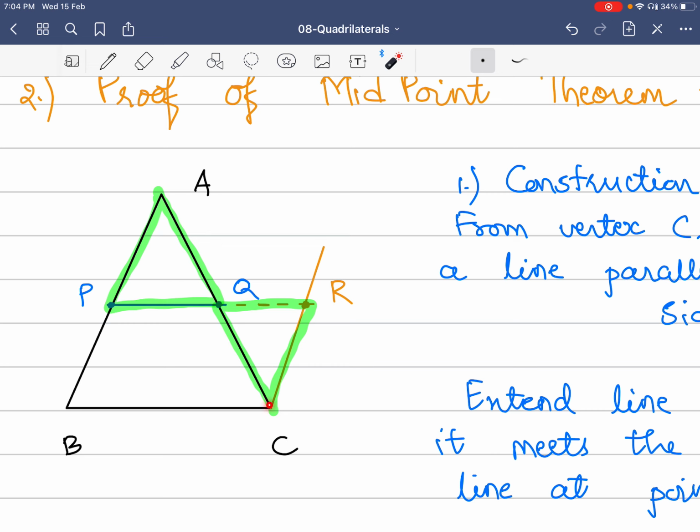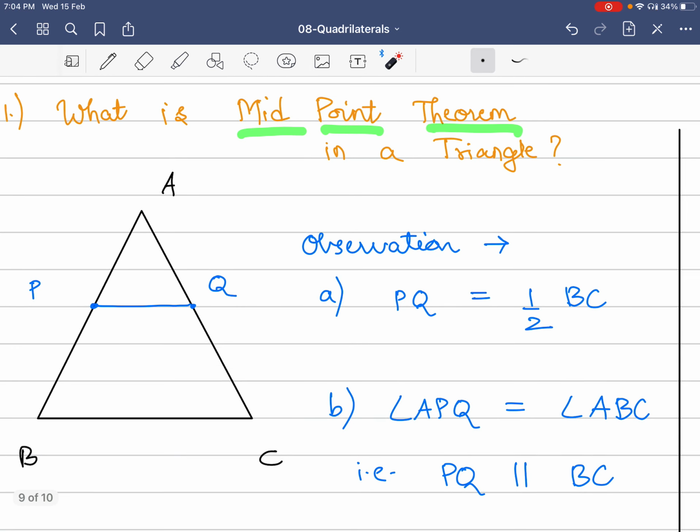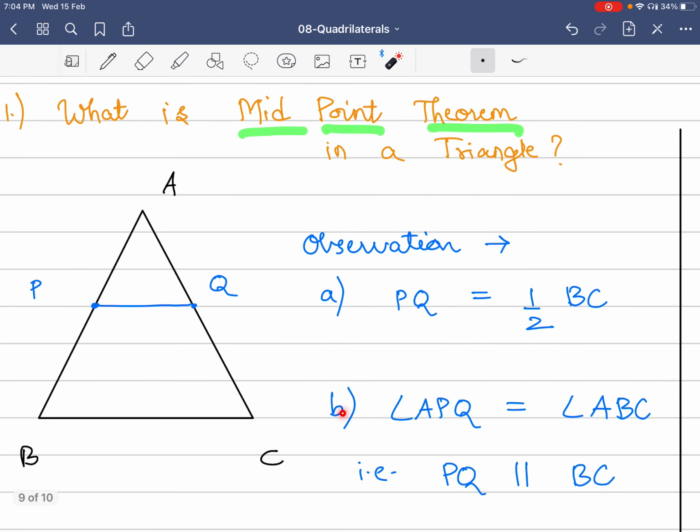And secondly, since these two triangles are congruent to each other, PQ is equal to QR. So PQ will be half of PR, because Q becomes the midpoint. But PR is equal to BC, so PQ will be half of BC. So thus we confidently prove this midpoint theorem, which had these two important observations.